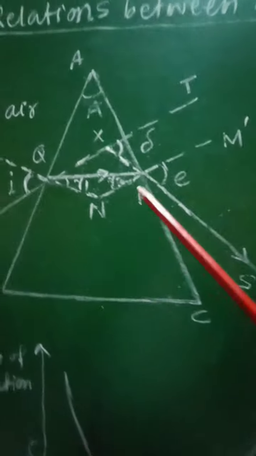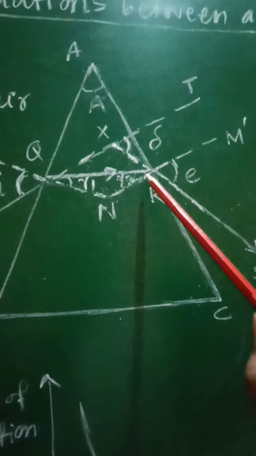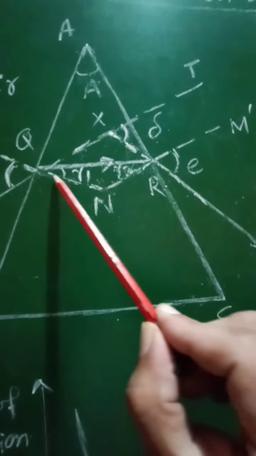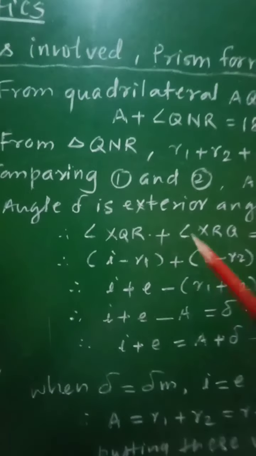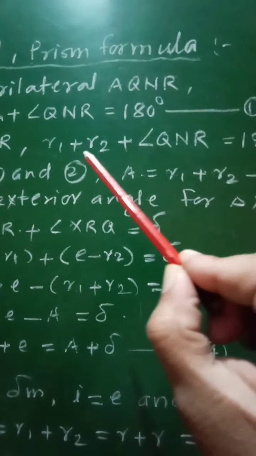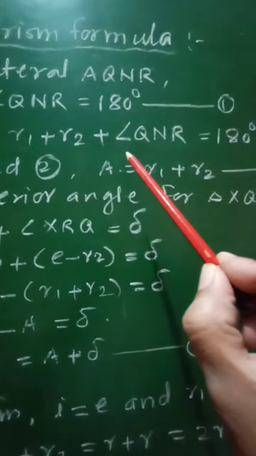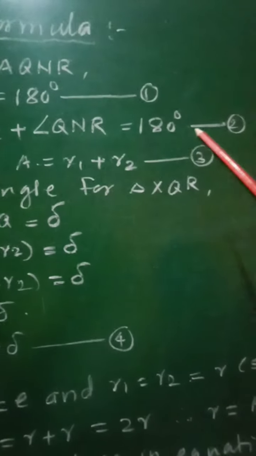Similarly, if you consider this triangle QNR, then R1 plus R2 plus QNR must be equal to 180, and therefore from triangle QNR we can write R1 plus R2 plus QNR equal to 180 degree, equation 2.